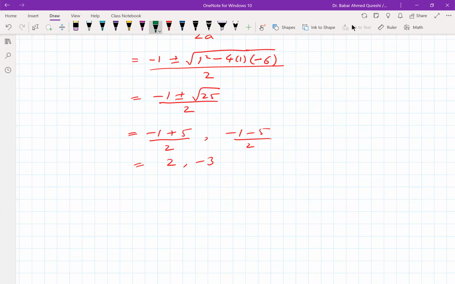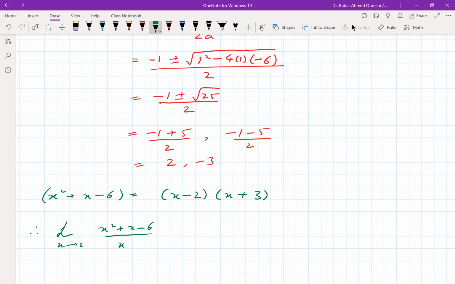This means that this thing is equal to x minus 2 and x plus 3. That's the factorization because of these two roots. So therefore, this limit is equal to this limit because I just factorized.